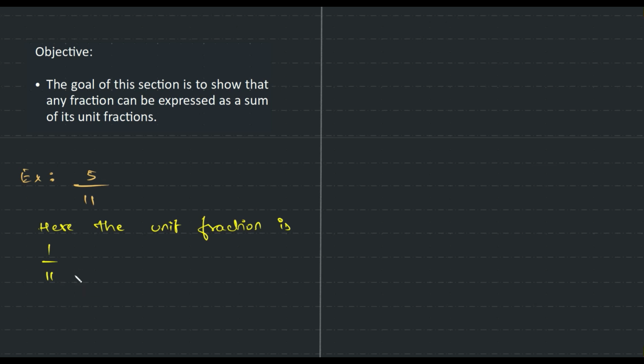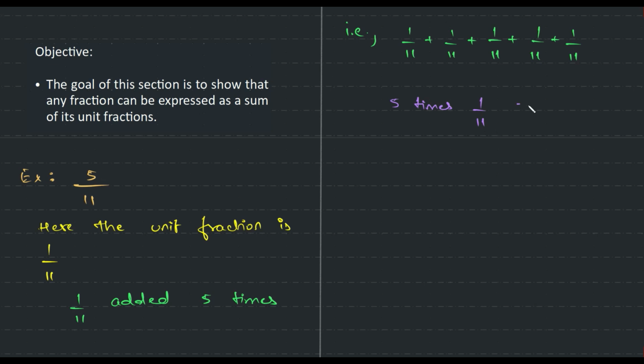Now, 1 by 11 added 5 times, that is 1 by 11 plus 1 by 11 plus 1 by 11 plus 1 by 11 plus 1 by 11, that is nothing but 5 times of 1 by 11 will give us 5 by 11.